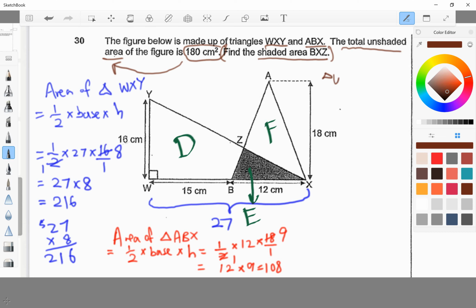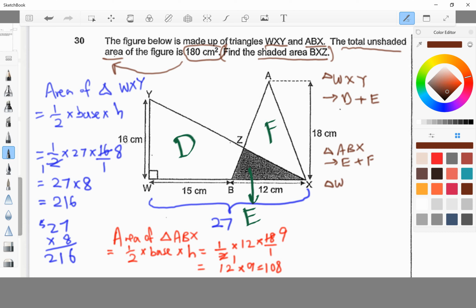Triangle WXY comprises portions D plus E, whereas triangle ABX consists of E plus F, and we are supposed to find E. So when we add up triangles WXY and ABX, what is going to happen?